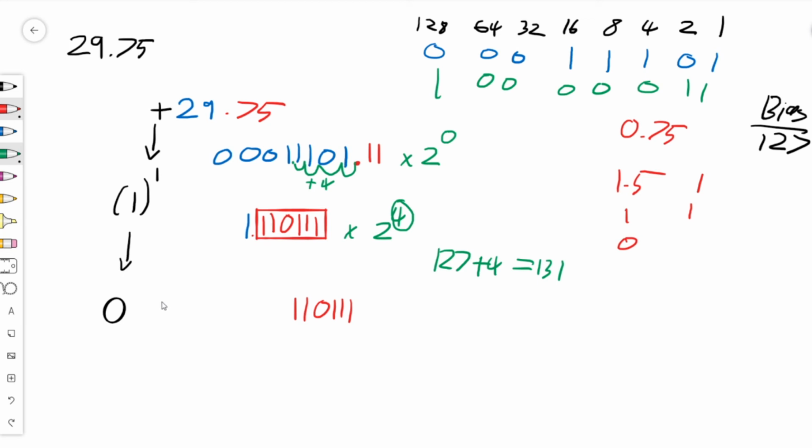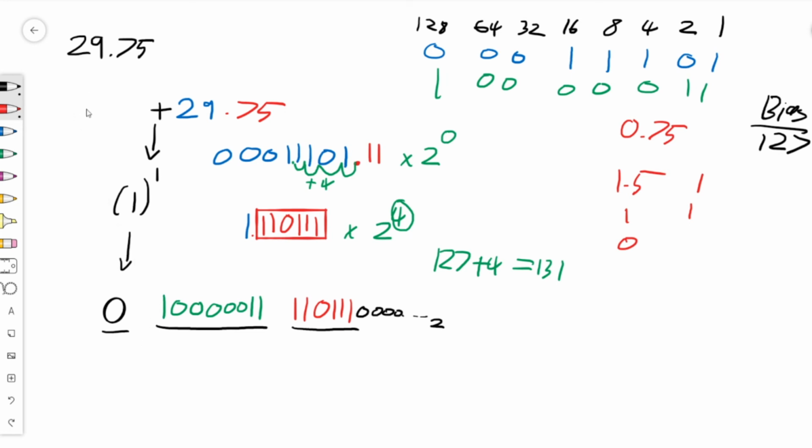So if we put this number in here, 10000011, this leaves us with our final number of 0 10000011 110111, and then trailing zeros. And this number is our floating point representation of 29.75.